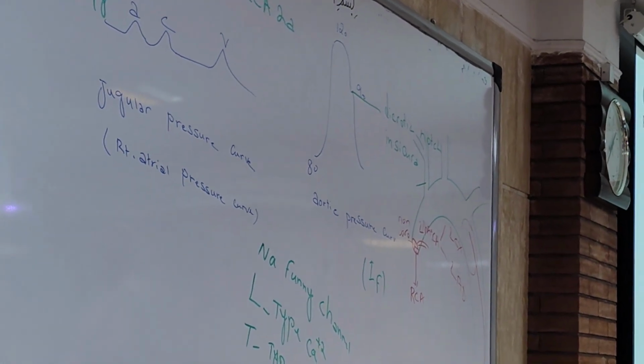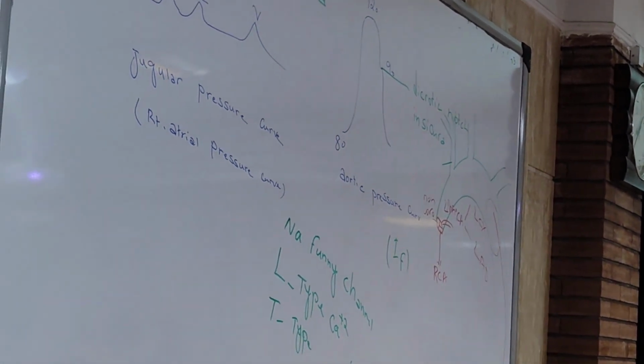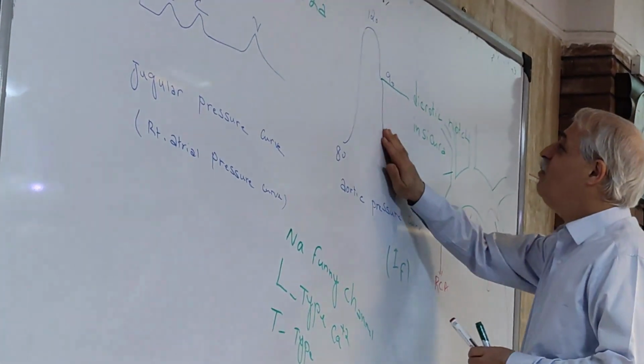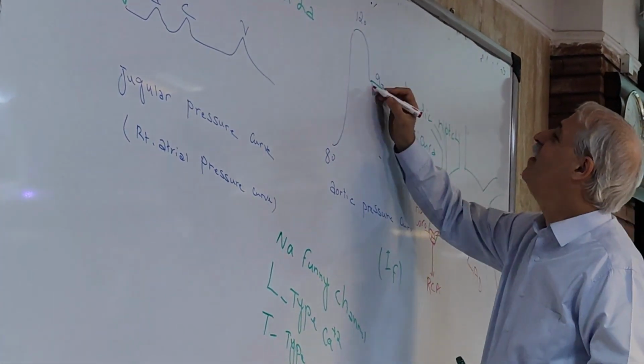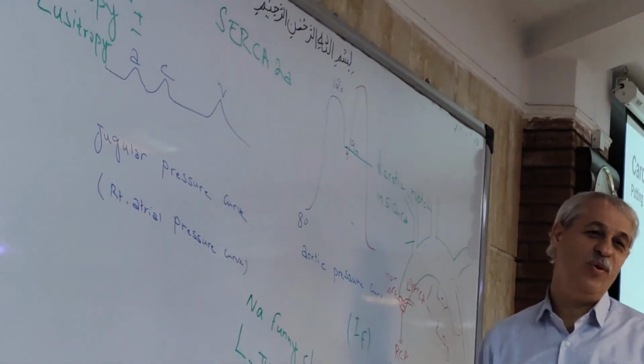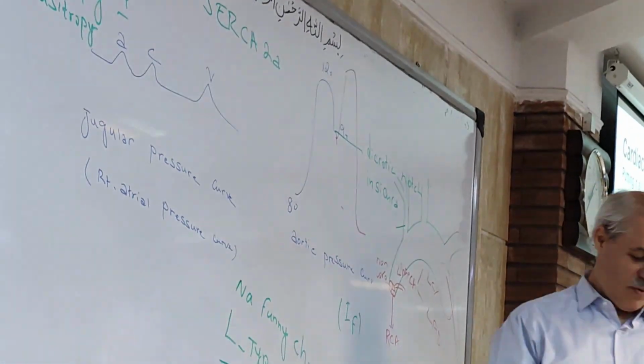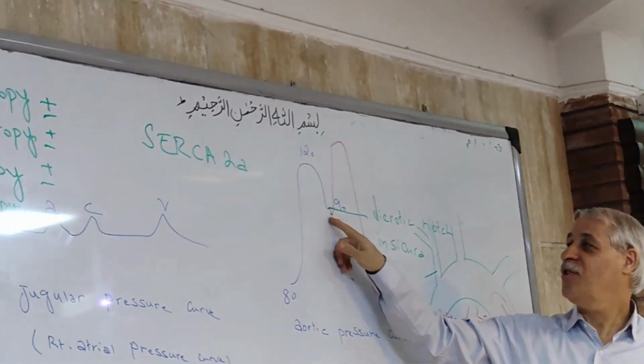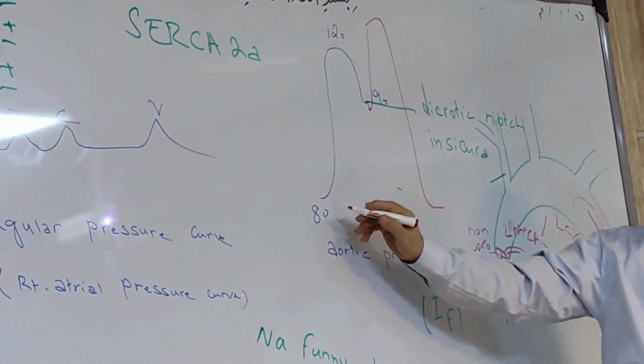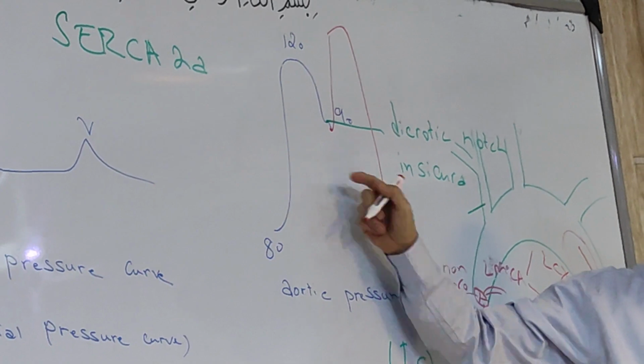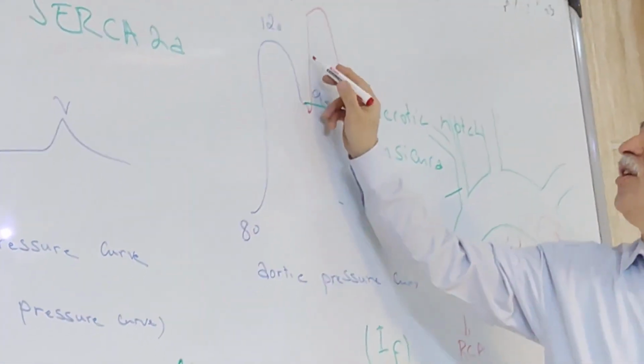When you inflate this balloon during diastole, this curve will be changed to this, with 50 milliliters of blood coming into the aorta. This dicrotic notch may have an M shape.